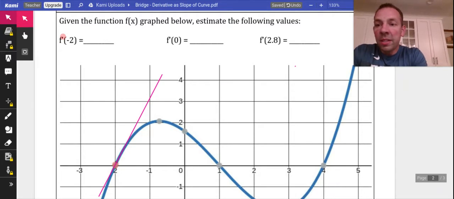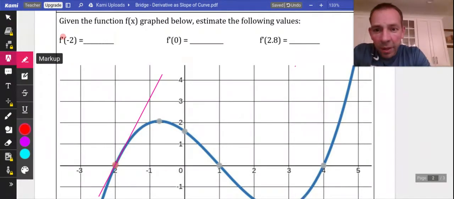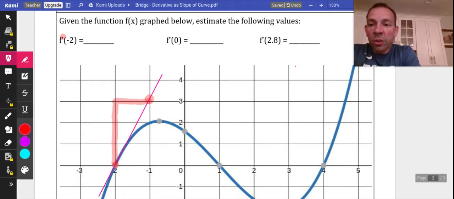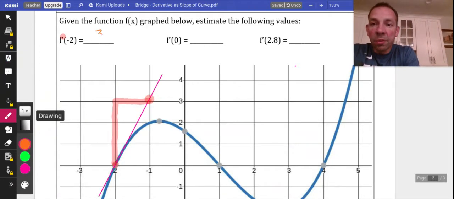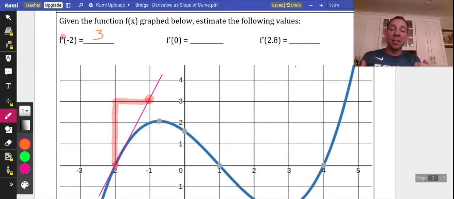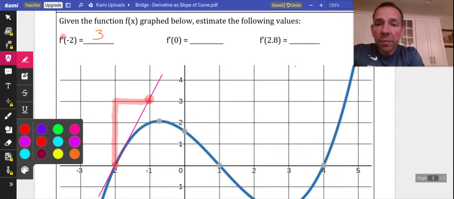And what I'm seeing here is I'm really close to going through the point -1, 3 right there. So I'm just going to estimate the slope between those 2 points, and it looks like I'm going up 3 units every time we run 1 unit. So I think the slope's going to be approximately 3. And again, it's a positive 3 because we're going up and to the right, or the tangent line is running uphill.